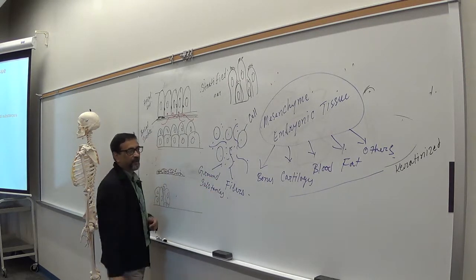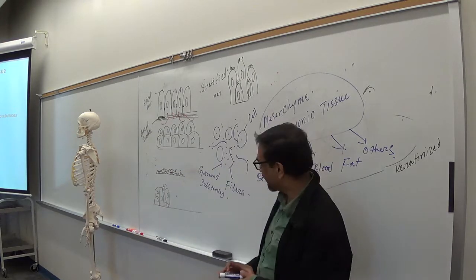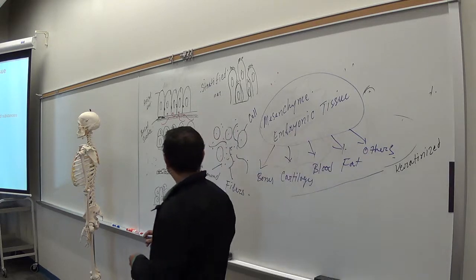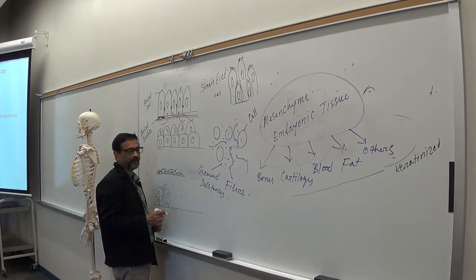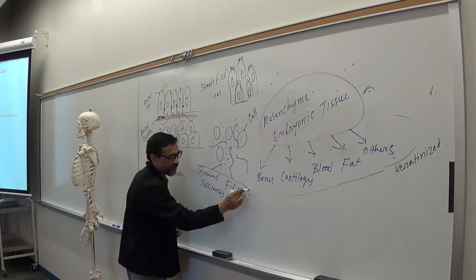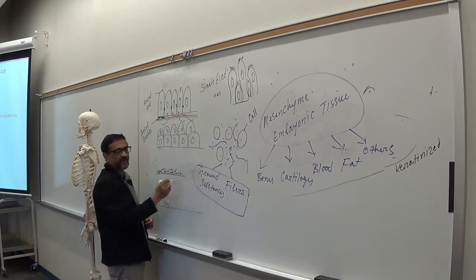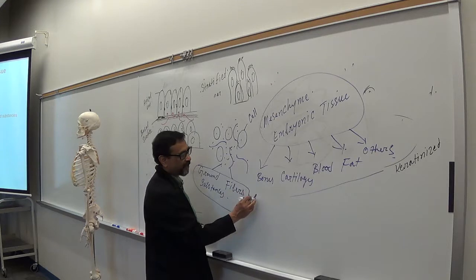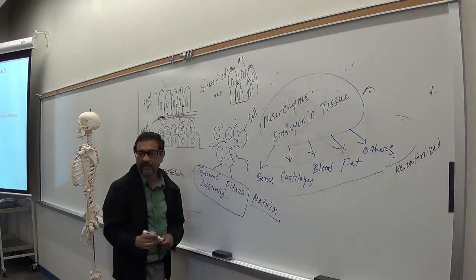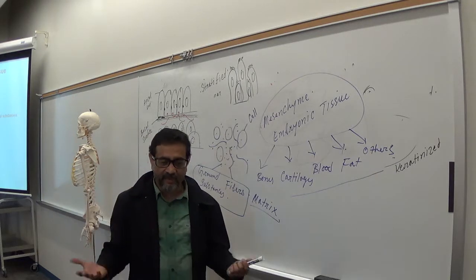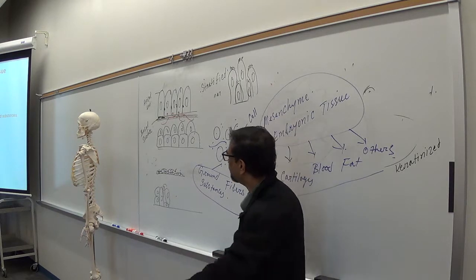Those are the components of connective tissue. Now fibers and ground substances together are called matrix. So cells and matrix. Matrix contains fibers and ground substances or chemicals.